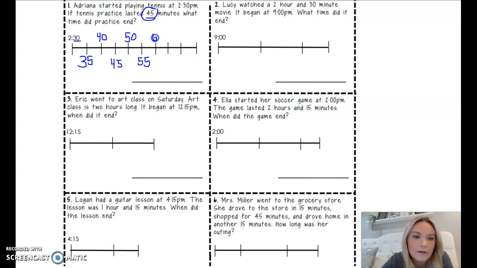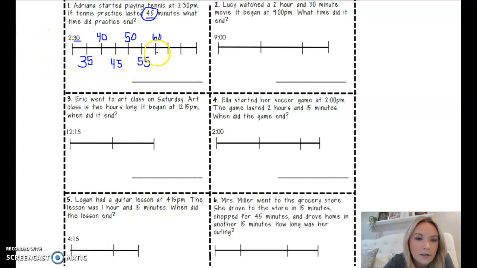Here I would write 60 if I'm counting by fives, but when we're telling time, we don't say 2:60. Anytime the minute hand gets back to the 12, which stands for 60, it changes to a new hour.